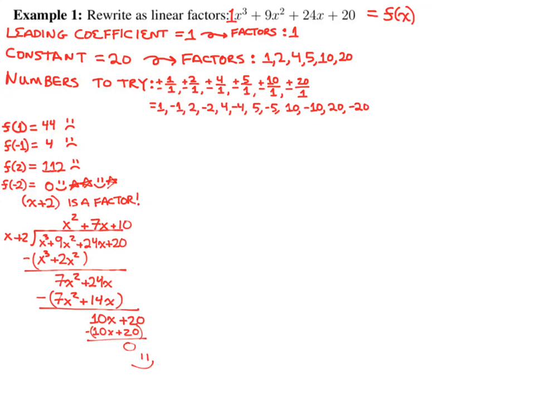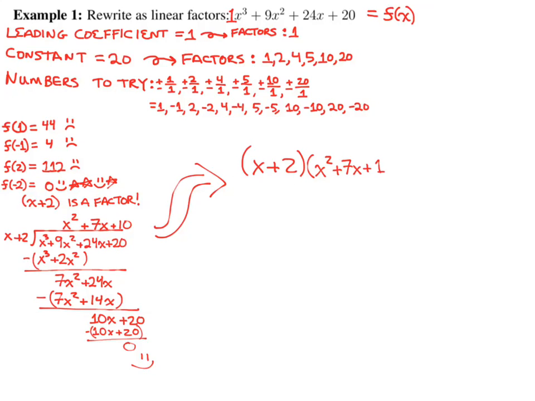By the way, you will get 0. There will not be a remainder. That's the whole point of it actually working as a factor. So, x plus 2 is a factor, and, big arrow for emphasis, the other part is x squared plus 7x plus 10.